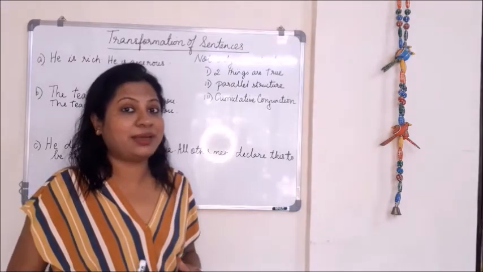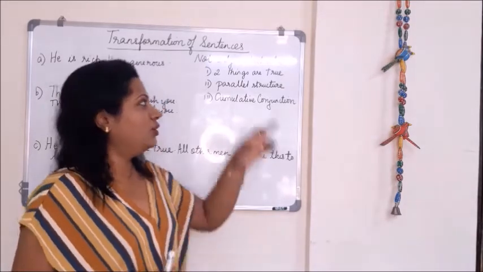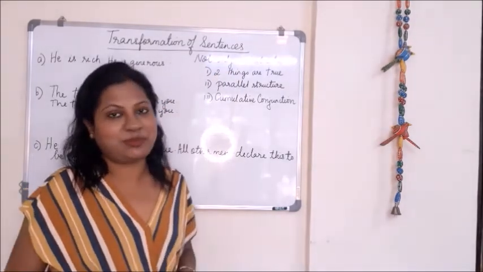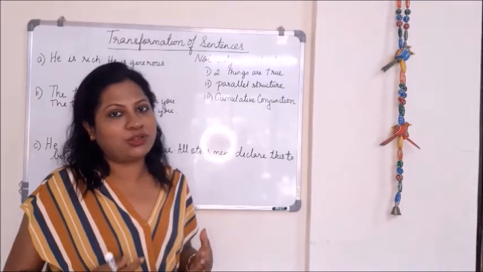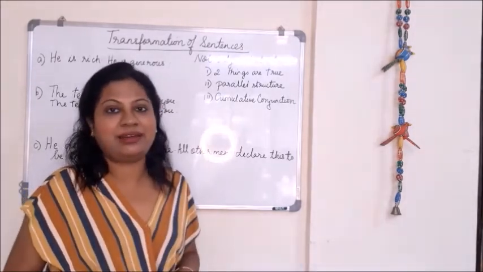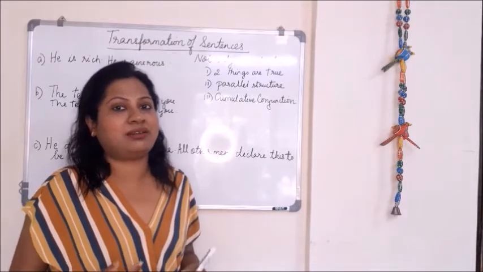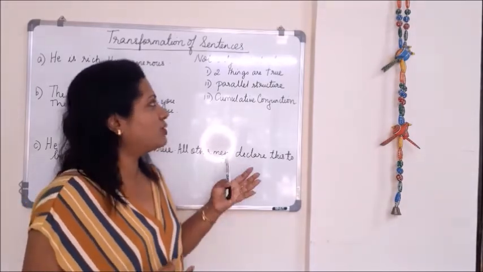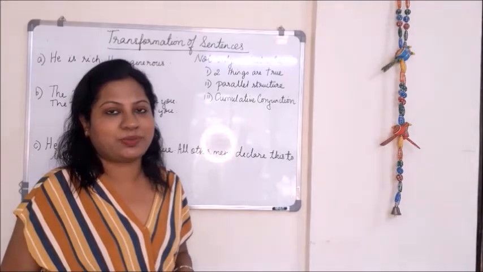The first thing that I'm going to teach all of you is not only but also statements. Not only but also is a cumulative conjunction, and we can make or transform sentences using not only but also.